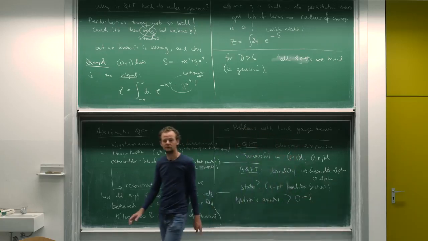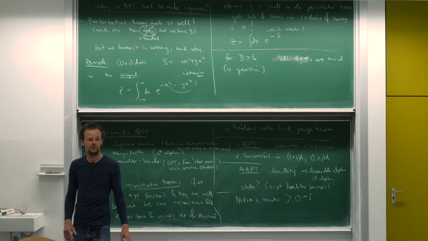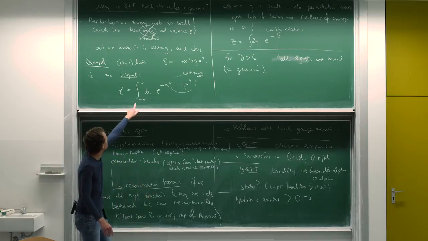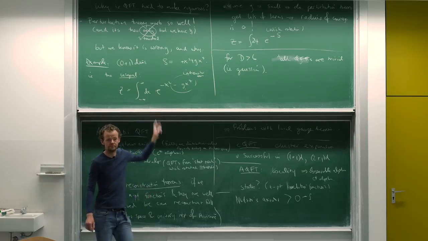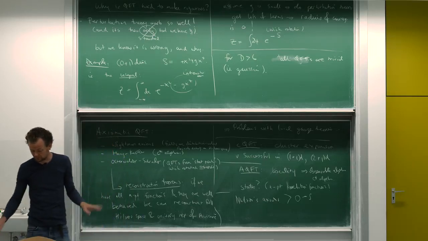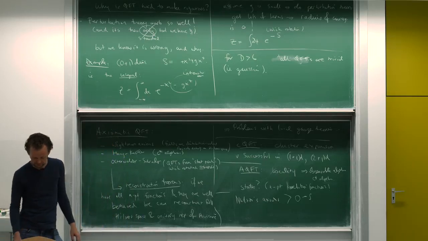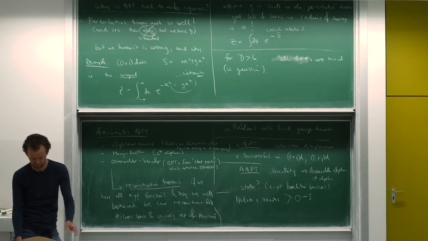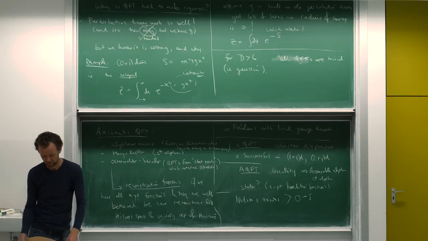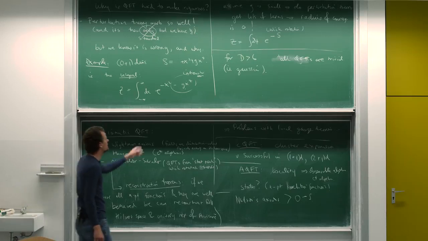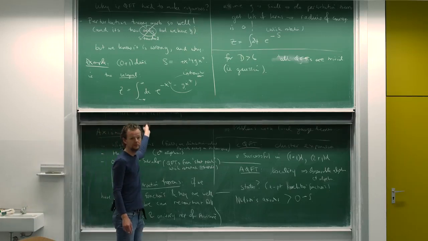So there are some theories that would be allowed by Osterwalder-Schrader, but not by Nelson. And this is pretty much a good example here. So whether or not that's a good thing or not, I think very much depends on what you want.